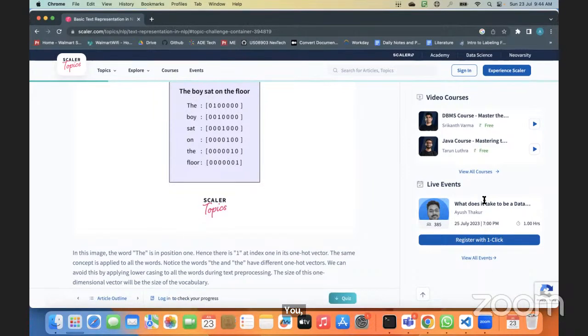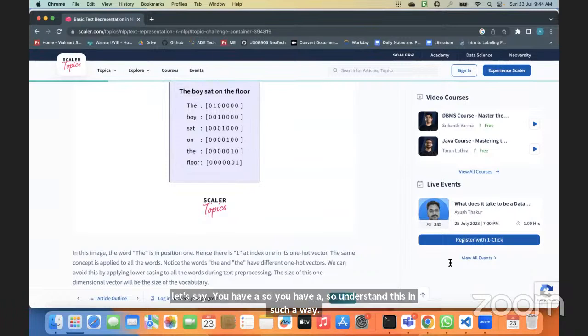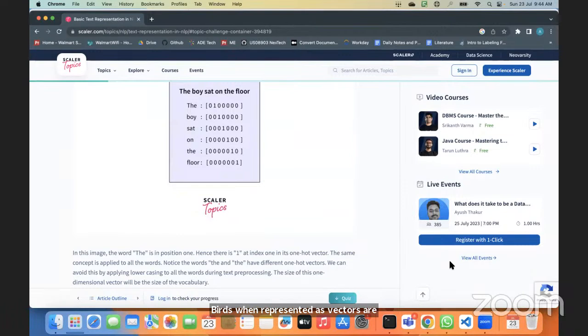So 2-dimensional is the most simple representation that you can do, and 4-dimensional is a little bit more complicated. Understand this in such a way: words, when represented as vectors, are just representations of meanings in vector space, where each dimension is a feature.